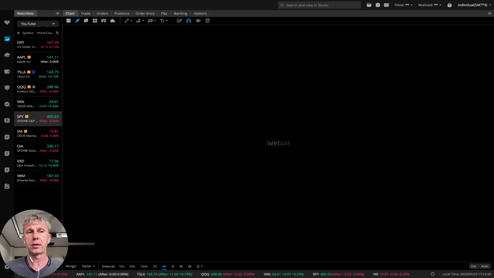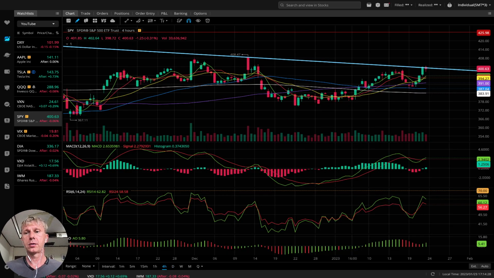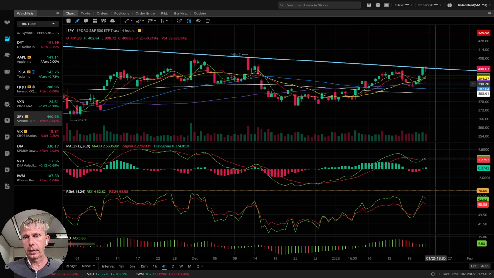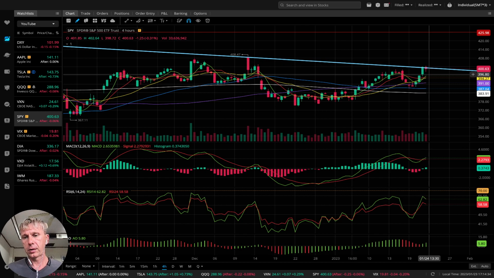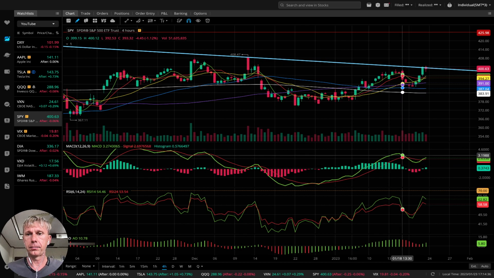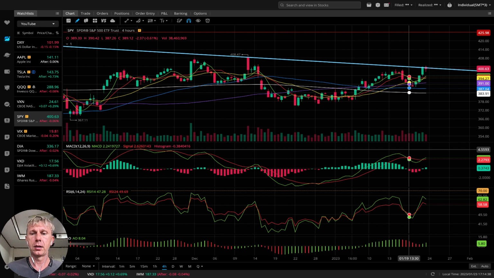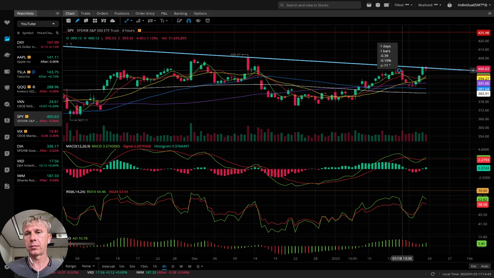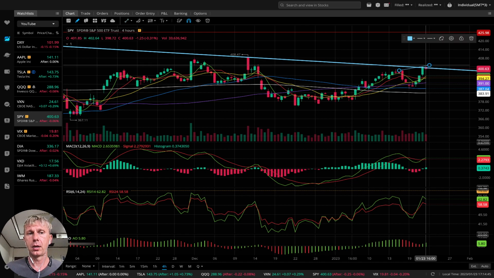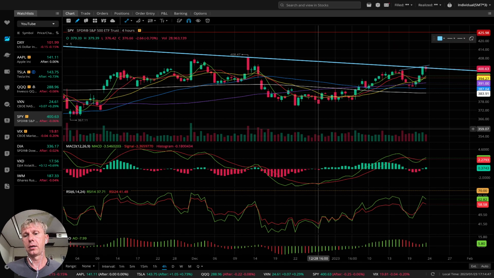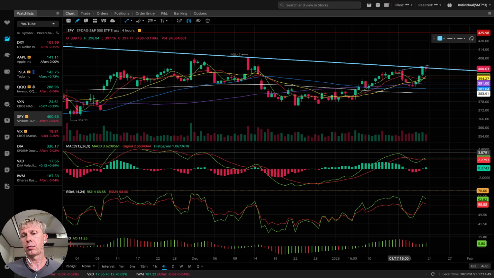Let's move to 4 hours. 4 hours, that's what we observed. It touched the trend line, and it closed below it. And definitely on the MACD, we have bearish divergences on 4 hours, right? The price action is uptrend, and on MACD we have downtrend, right?